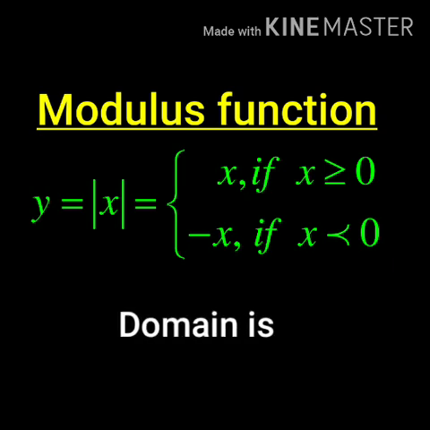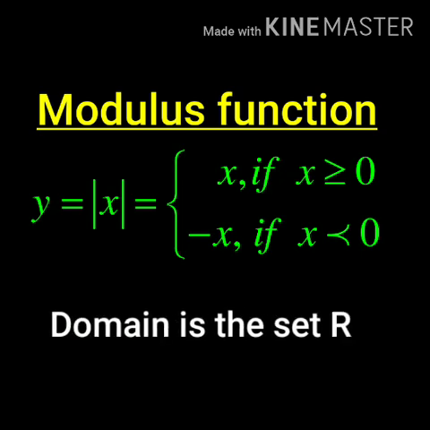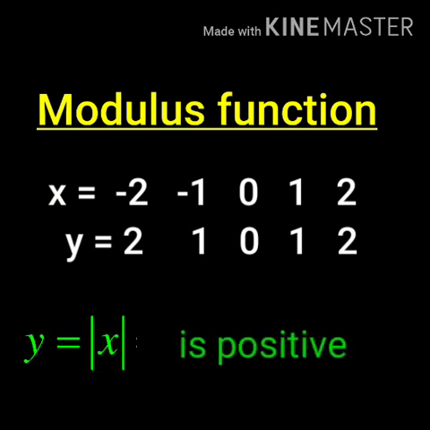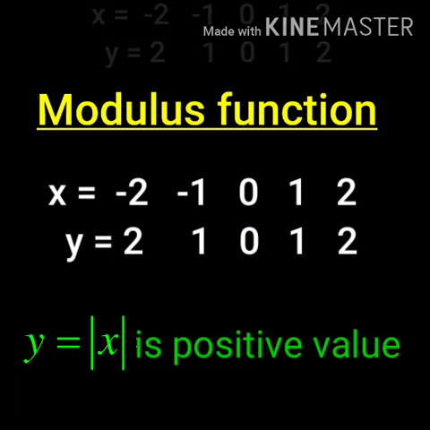Clearly, the domain of this function is the set of real numbers R. Now taking x equal to -2, -1, 0, 1, 2, we get y equal to 2, 1, 0, 1, 2. Here, the values of y will be positive for negative, positive and 0 values of x because y equal to modulus x is a positive value.